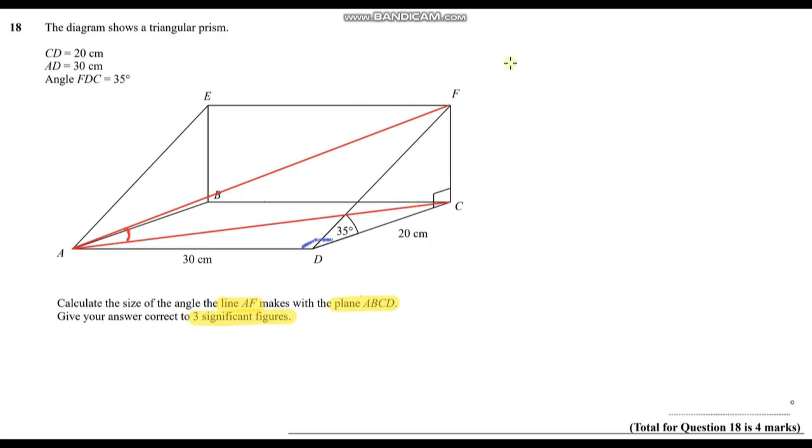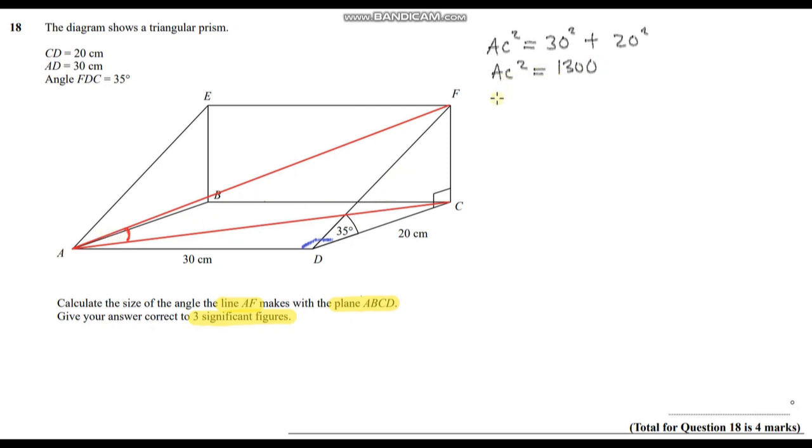So AC squared, well, that's going to equal 30 squared plus 20 squared. So what does that equal? Let's type that into the calculator. So 30 squared plus 20 squared, and we get 1,300. But then remember, we need to square root that. Obviously, this length is not 1,300 centimeters.